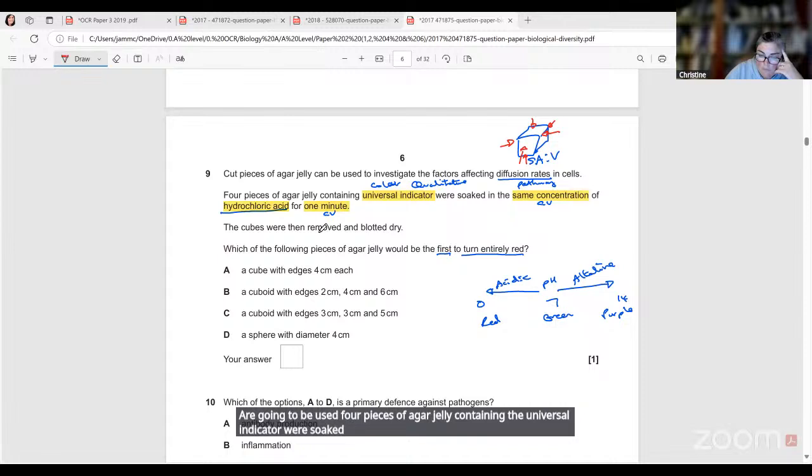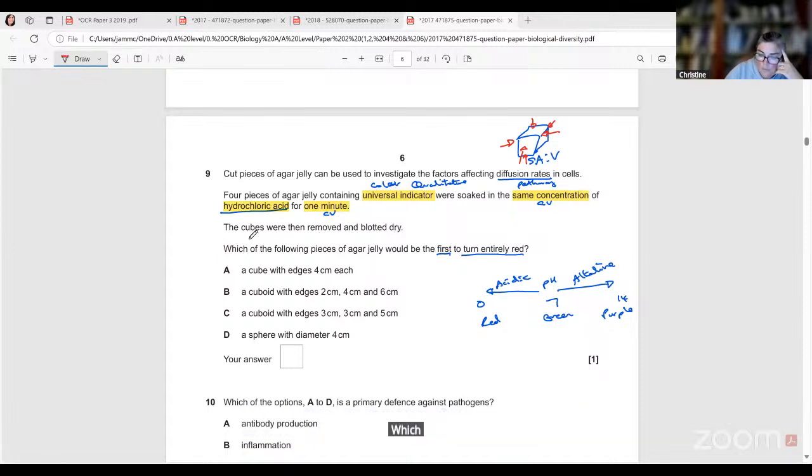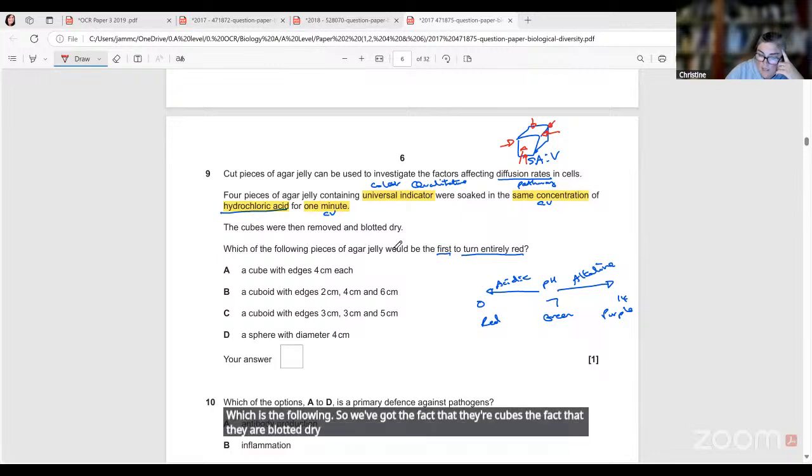The cubes were then removed and blotted dry. Which of the following pieces of agar jelly would be the first to turn entirely red?